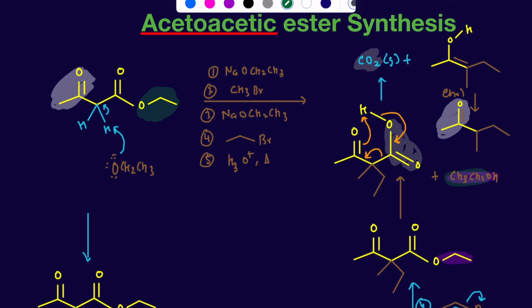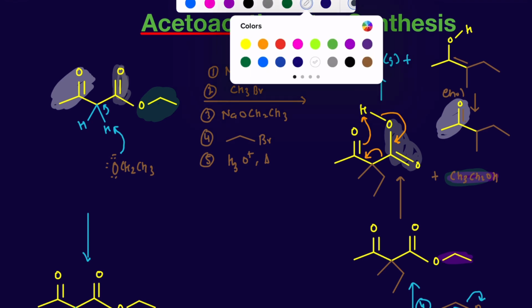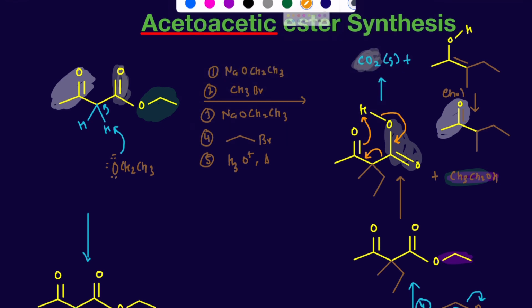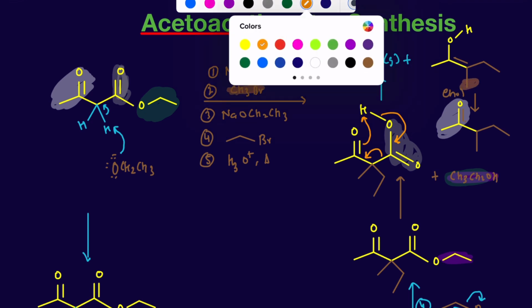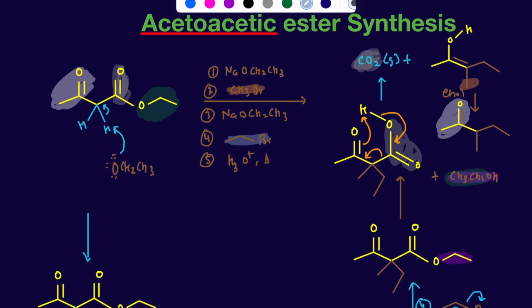And then we had a CO2 gone away. So CO2 was this one right there that we made right here. And then, let's use a different color here, you have the CH3Br, that one is right here. And then you also have this right there, the ethyl group.